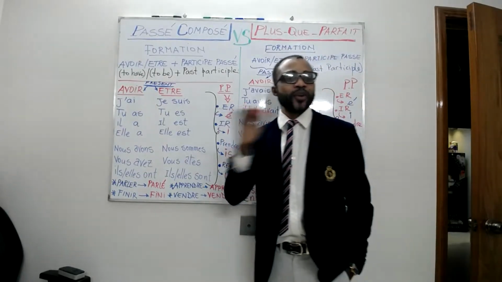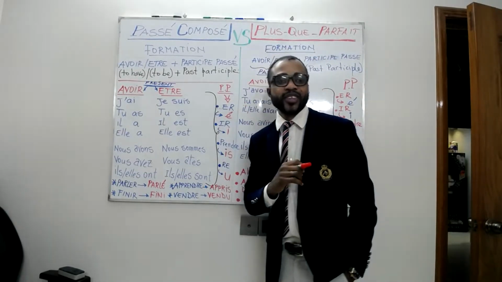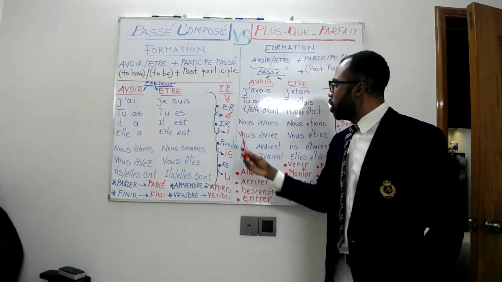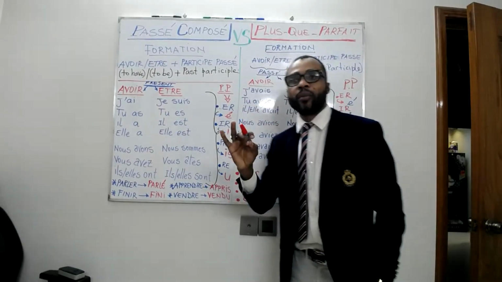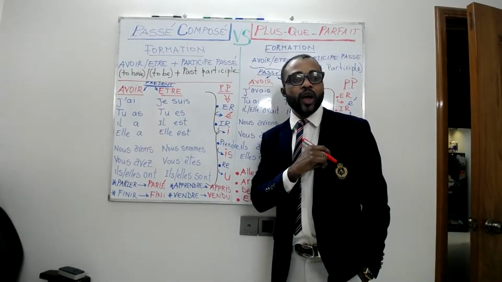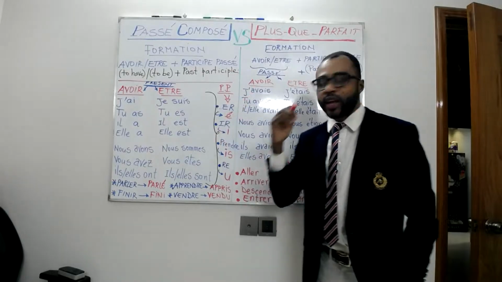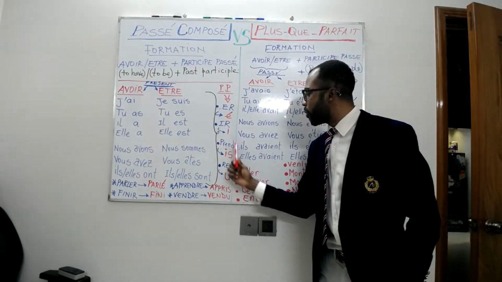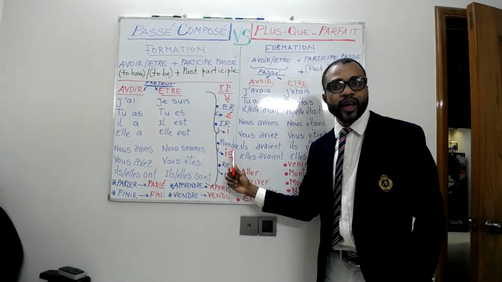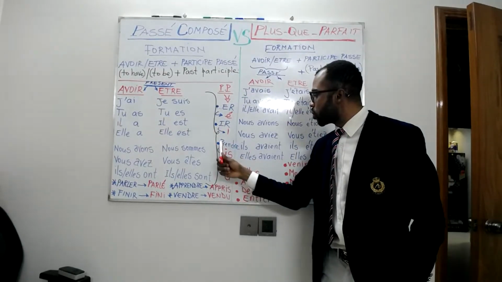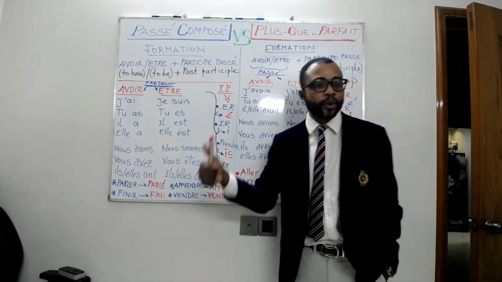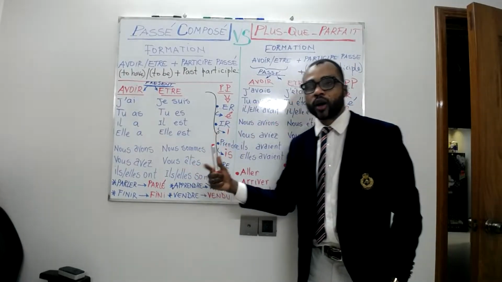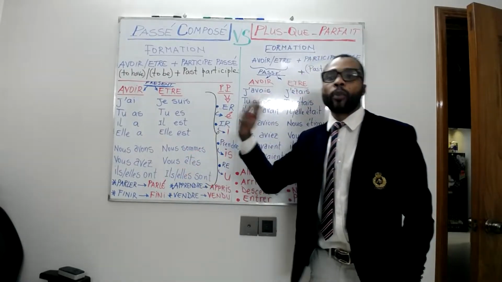Now, let's go with the third category of verbs, with the PP. In case the verb you want to use with the passé composé is composed with, or there is prendre in the composition, those verbs we have apprendre, comprendre et prendre, reprendre.